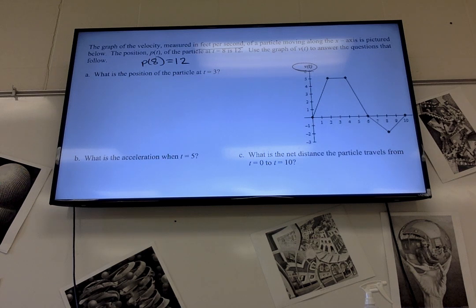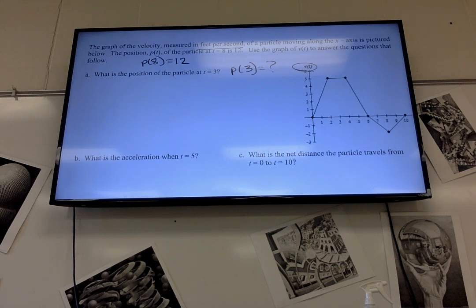Okay, we want to find the position of the particle at 3. So we're trying to find P of 3. The graph gives V of 3, but not P of 3. How do we find position given velocity? Make a shape. The area. So how do we do that mathematically? It's a trapezoid.